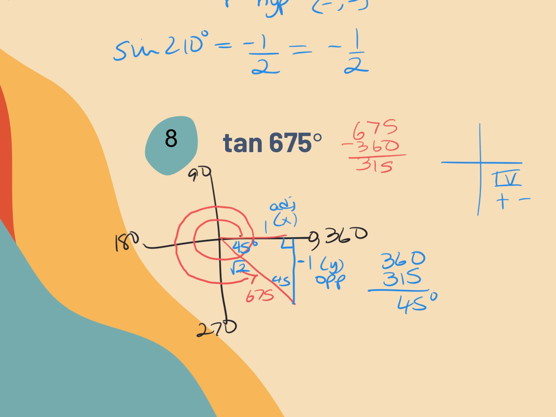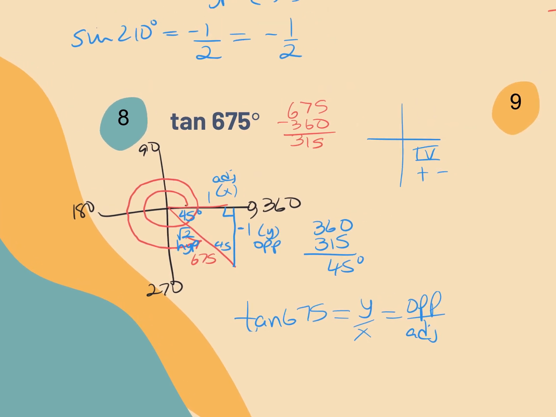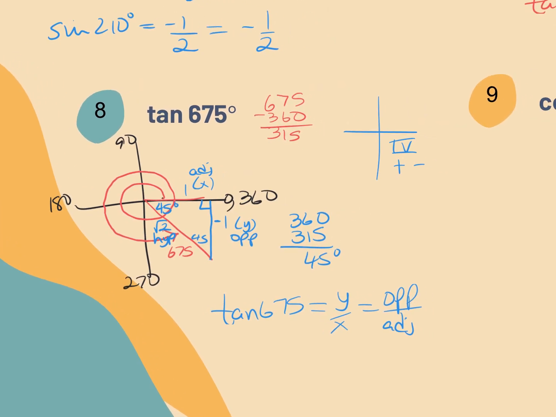And this is hypotenuse. So for tangent, same thing we just did. You can either do y over x or the TOA, opposite over adjacent. And then when you fill in your numbers, you're going to get -1 over 1, which simplifies to -1. So the tangent of 675 equals -1.